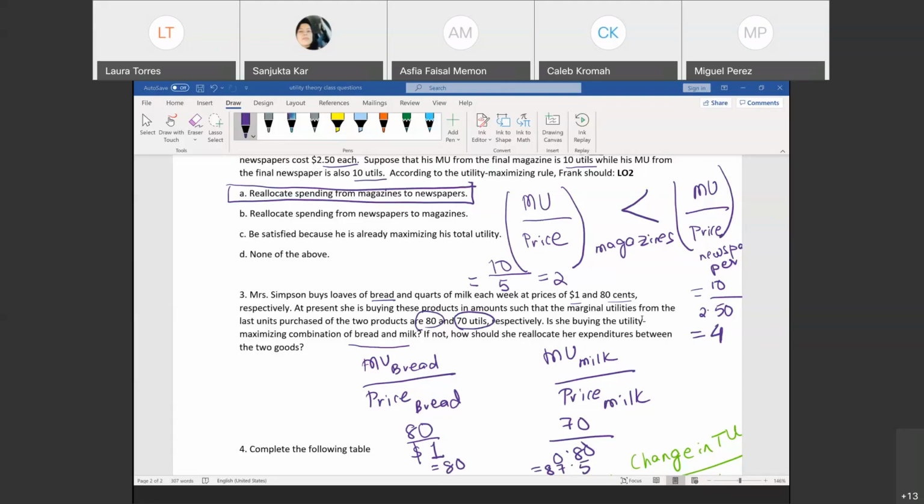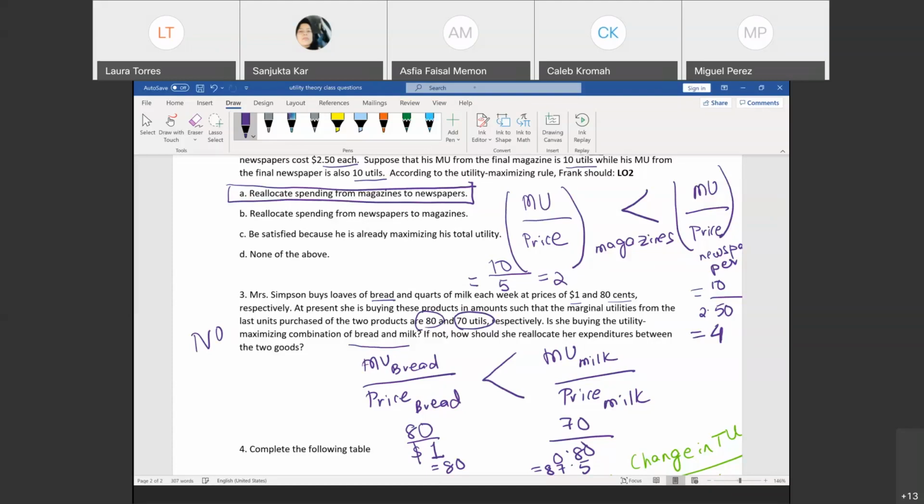She's going to buy milk because this ratio is greater than this ratio. Is she buying the utility maximizing combination? The answer is no, because these two ratios are not equal to each other.